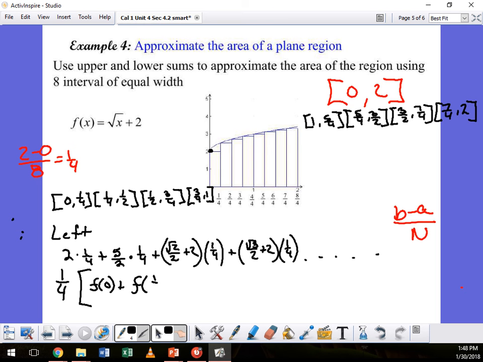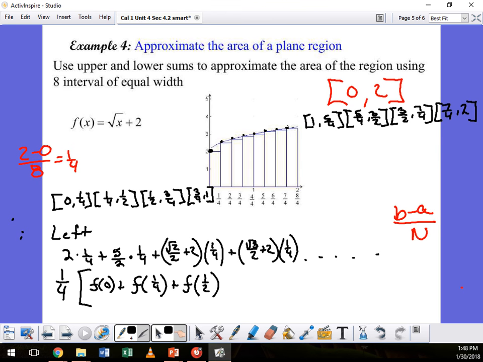plus f of, because it's going to be all these left sides right here, right? Do I do it too? No, I don't. That's the point of doing the left side.